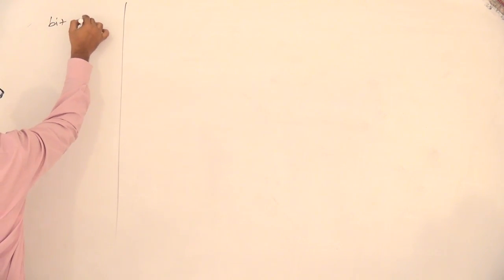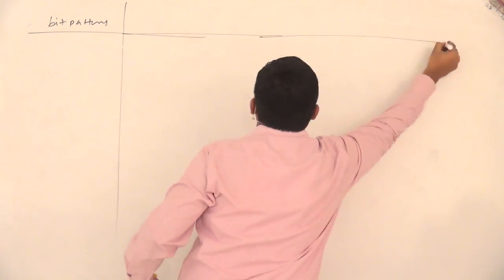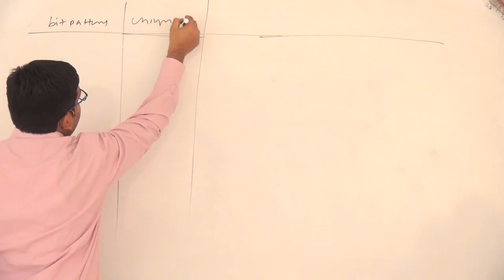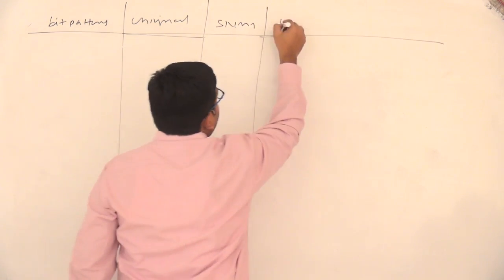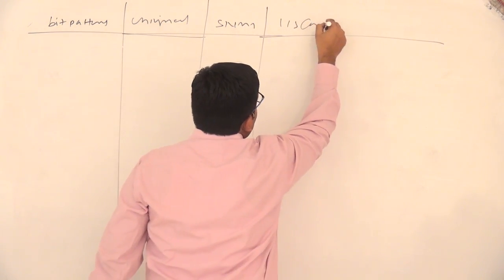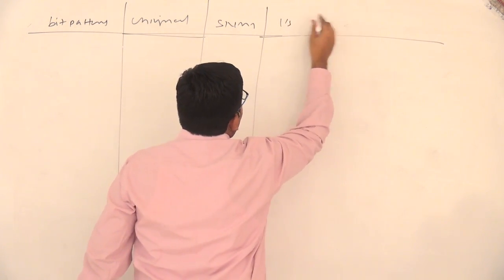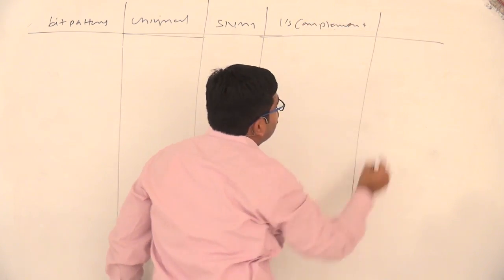We will see how a particular bit pattern can be interpreted in unsigned, in sign and magnitude, in 1's complement and in 2's complement.